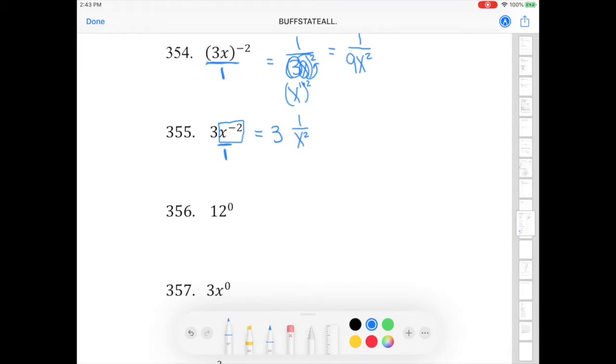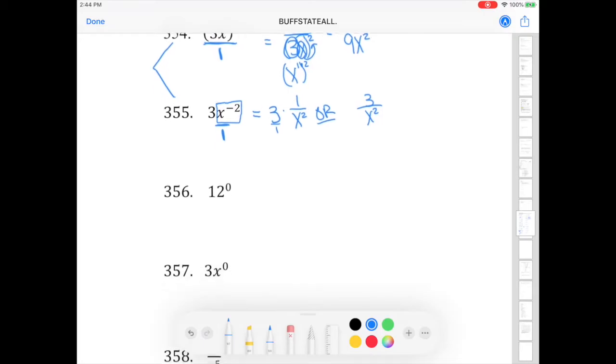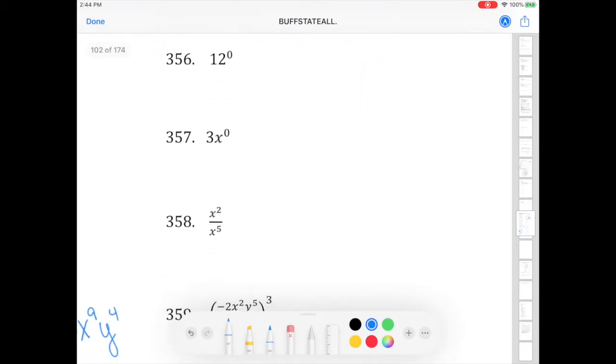And then I'm going to flip it, so it's going to become 1 over x to the positive 2. You can leave your answer like that, or you can multiply it out. When you multiply fractions, you multiply straight across, so it would be 3 on top over x squared. But either one of those answers is perfectly fine. But see the difference between 354 and 355 and what's being raised to the exponent.